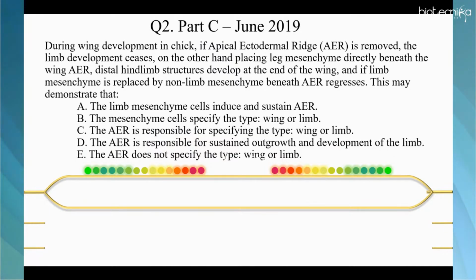Now, next question is from June 2019. This is from limb development. As I mentioned, there are a few scattered topics in Unit 5C Organogenesis. One of them is mammalian embryonic development. Second is limb development, neurulation, neural tube formation, then sex determination, vulva development.